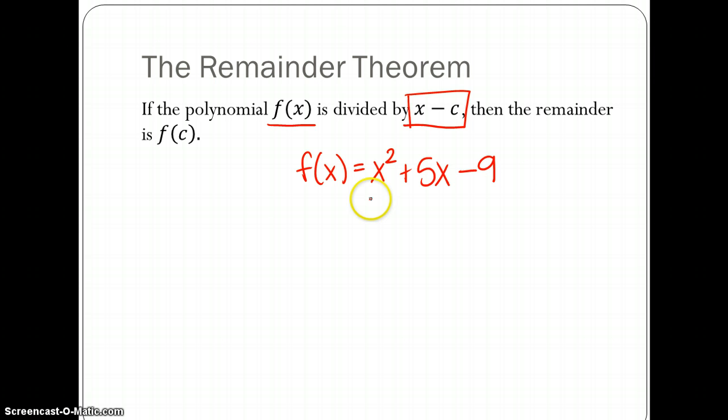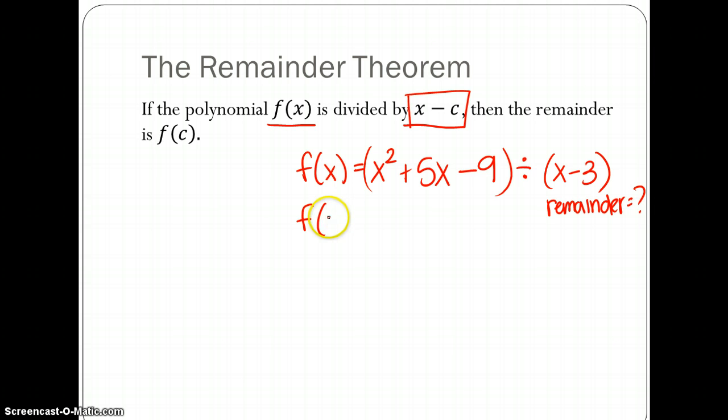If we take this polynomial and divide it by, let's say, x minus 3, what the remainder theorem is telling us is that I could use synthetic or long division, and whatever the remainder is, if I had plugged in this c value, in this case c equals positive 3, into that function initially, that would be the same thing as the remainder I ended up with.